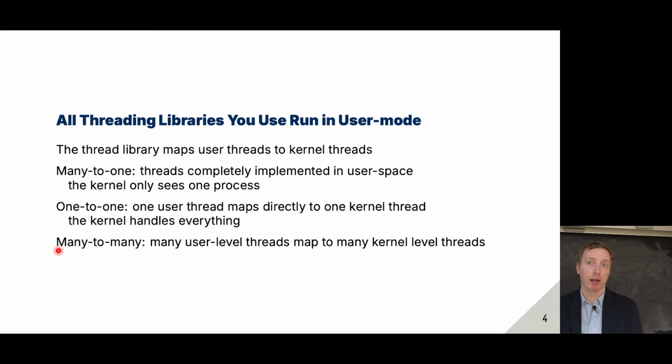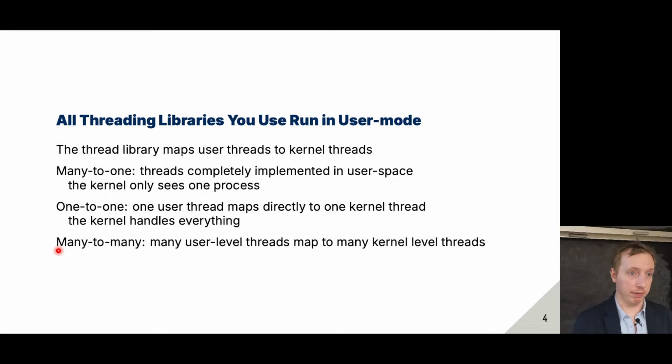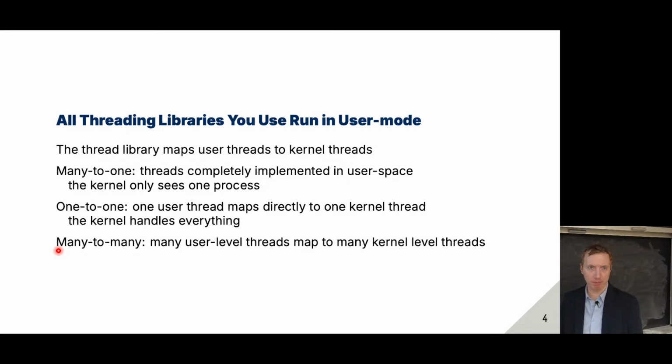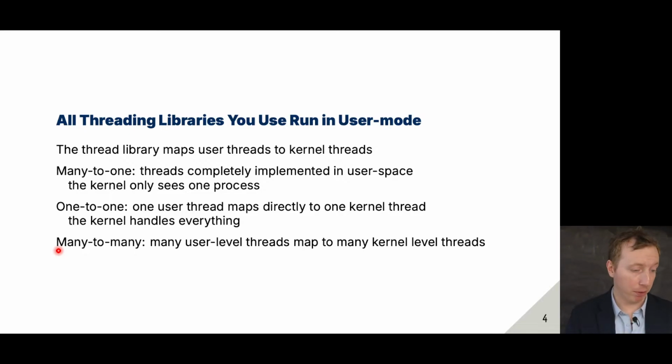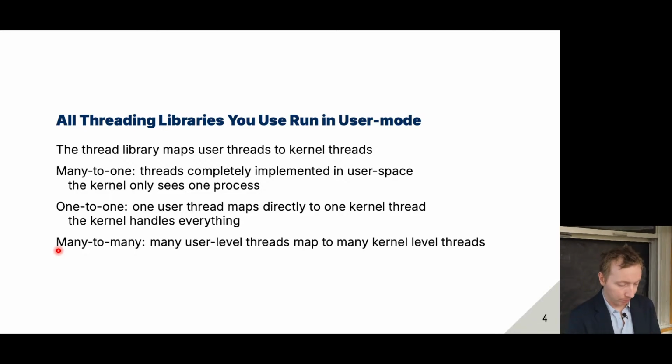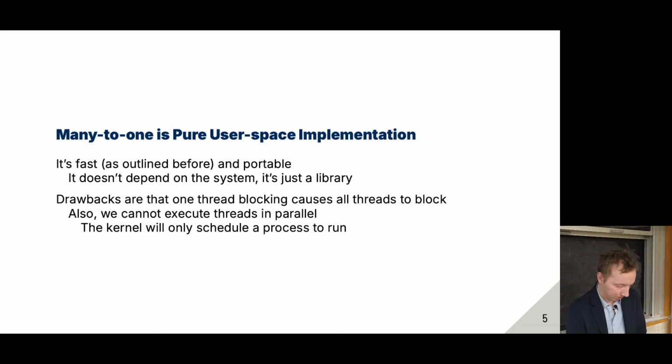If I create 1,000 threads, maybe I only have 8 kernel threads, and then I map some threads to each kernel thread. So there are different ways to go about it.